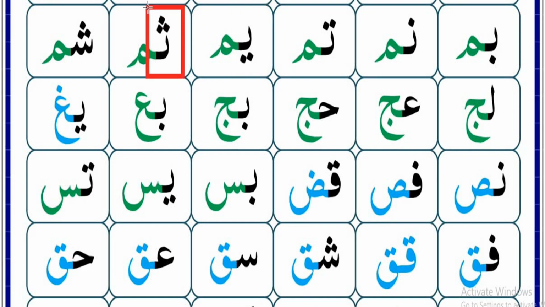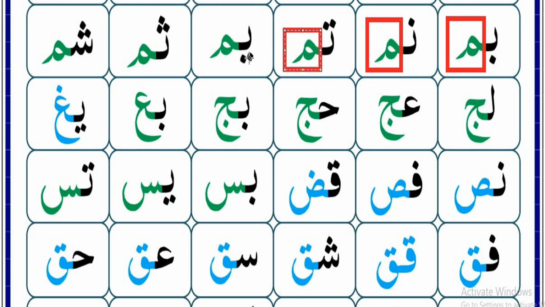And the last letter of this shape, this time with three dots on top, is tha. So ba, one dot at the bottom; noon, one dot on top; ta, two dots on top; ya, two dots at the bottom; tha, three dots on top. And the second letter is meme.